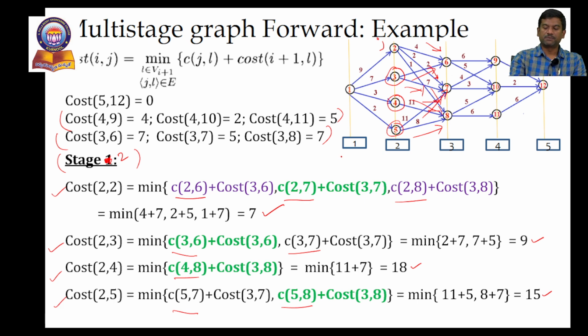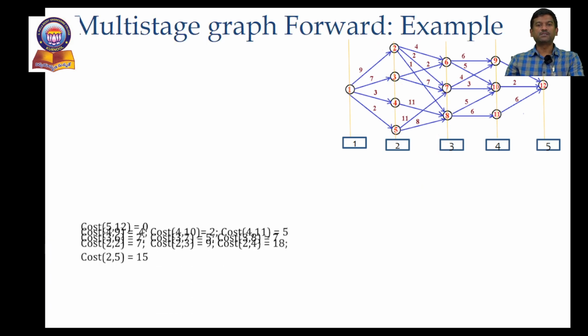And the next stage becomes stage 1. So from stage 1, what are the vertices which are being connected? That is, from 1 we can reach to 2, from 1 we can reach to 3, 4, 5. So how many values you need to compute? That is cost of 1 comma 2, cost of 1 comma 3, cost of 1 comma 4, and cost of 1 comma 5 related to stage 1.